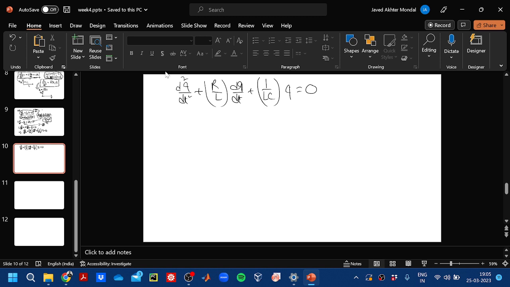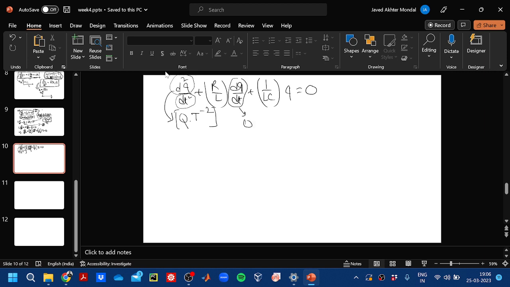In this equation, you can tell a lot from dimensional analysis. If we look at the dimension of the first term, it will be Q into t to the power minus 2, because it has dimension of Q and it has t square. And this term has dimension of Q t inverse.